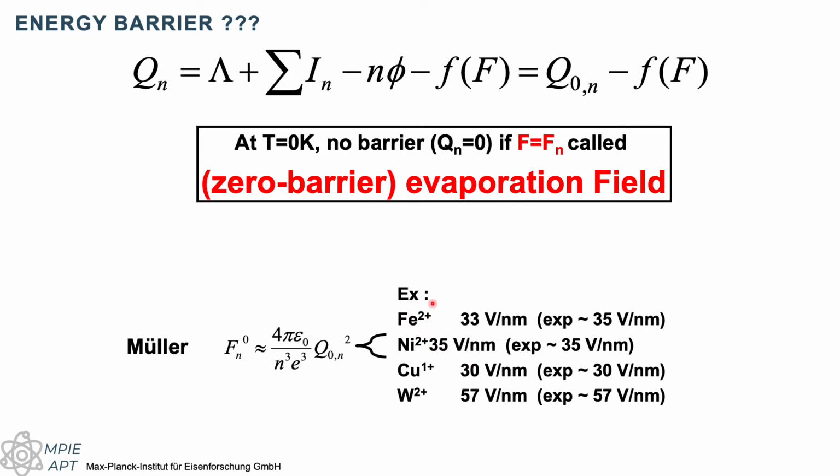And there is a criterion saying that the most likely charge state that will be found is the one for which the fields that we are estimating through this model would be the lowest.